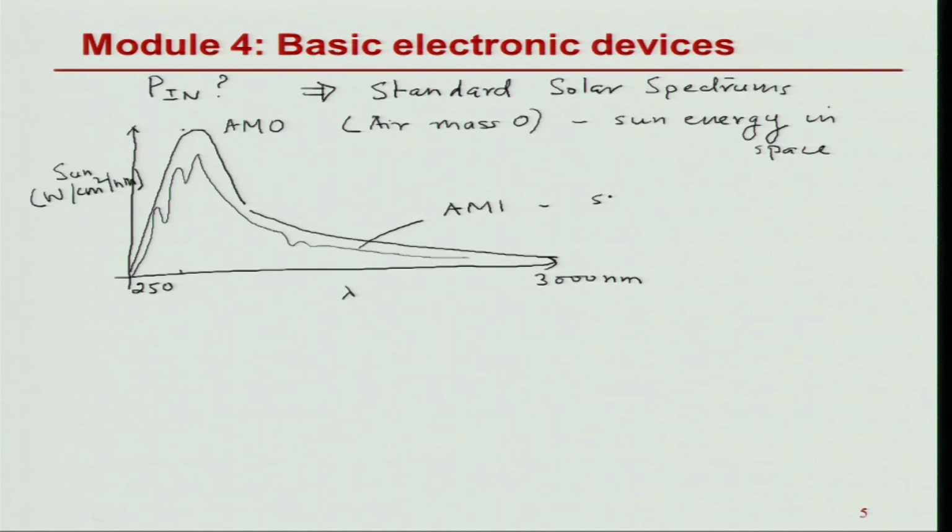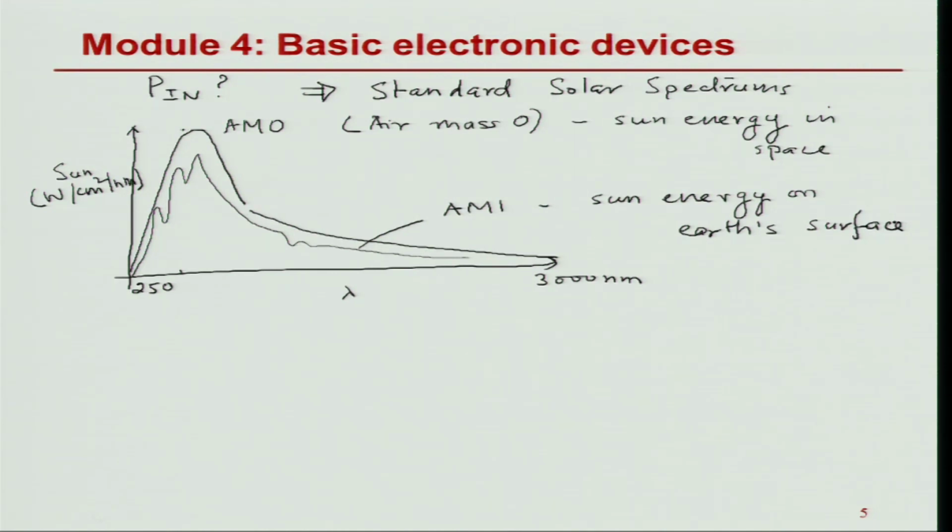This is sun energy on Earth's surface. And then there are other standard spectrums defined as air mass 1.5, 1.8, which depends on if the sun is entering at an angle in the atmosphere, which will have different absorption.